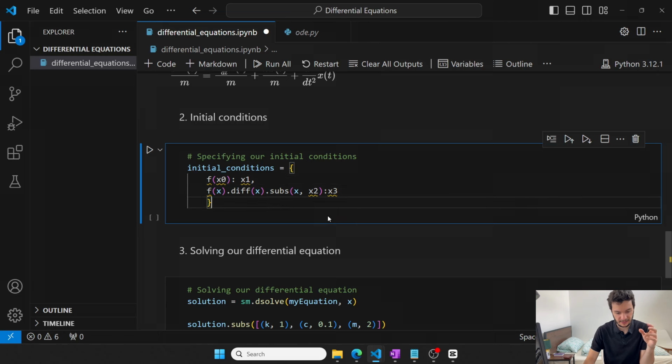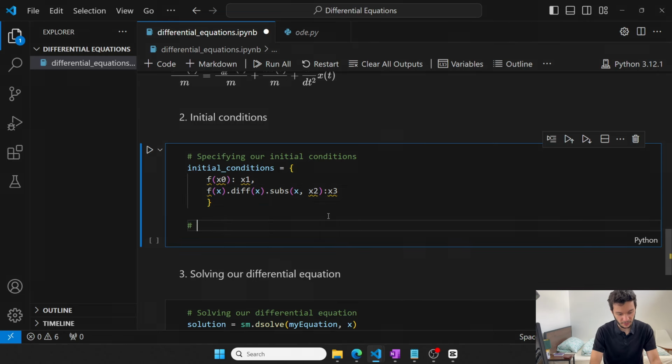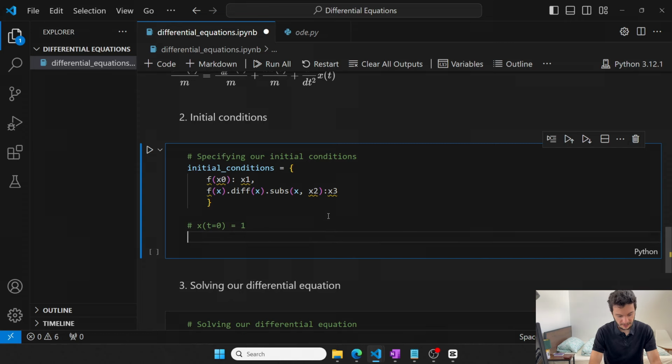To understand this, let's set our own initial conditions. Let's say that x, when t is equal to 0, is equal to 1, and then dx over dt at t equal to 0 is equal to 0.